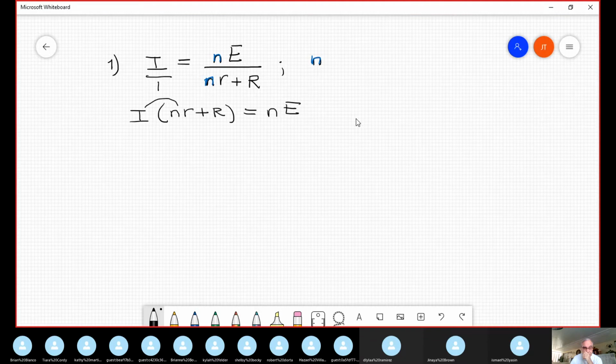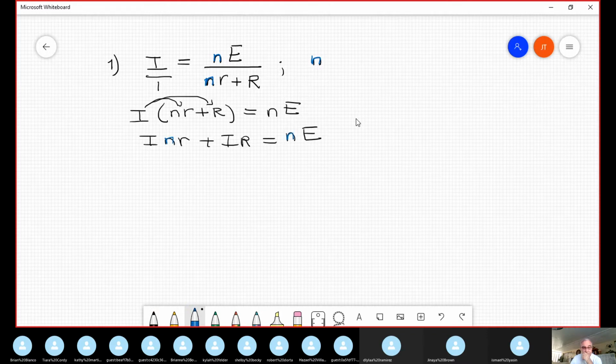To remove the parentheses, you apply the distributive property. I M R plus I R is equal to M E, capital E. So I can see again M here and here.